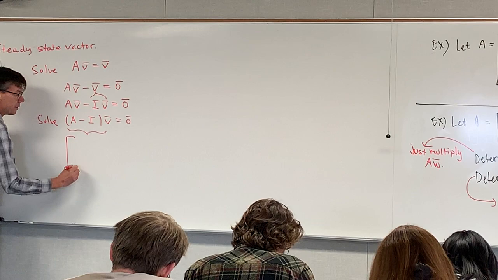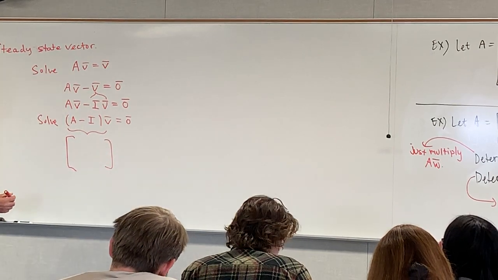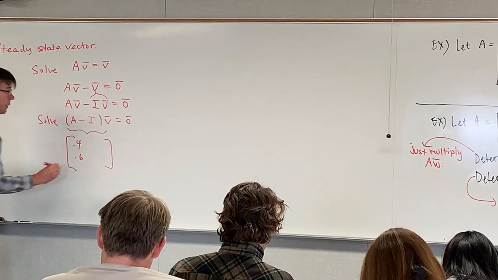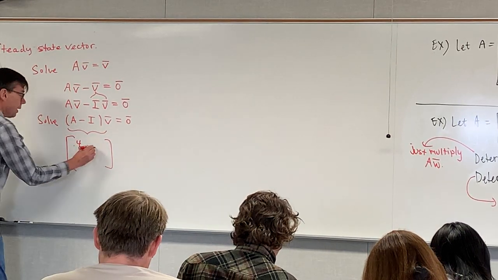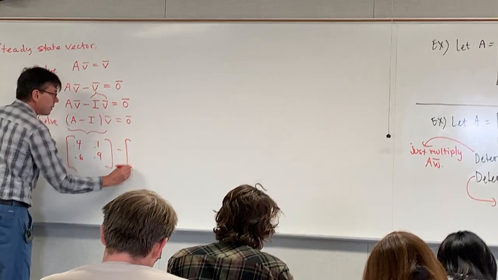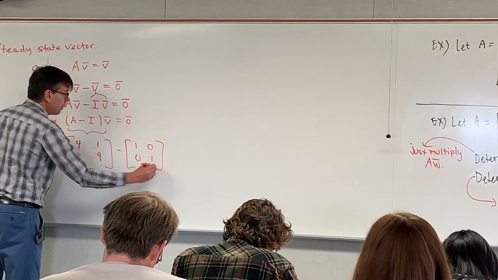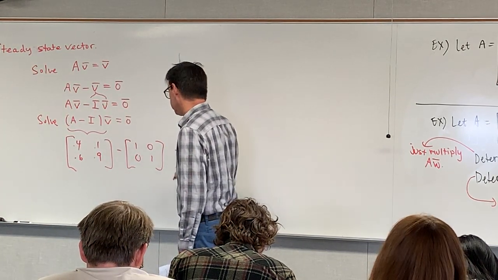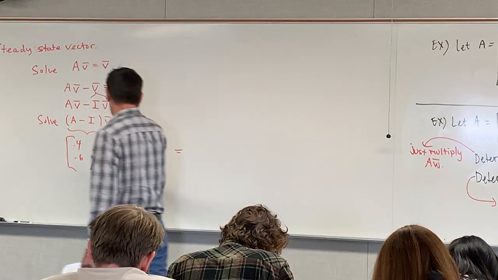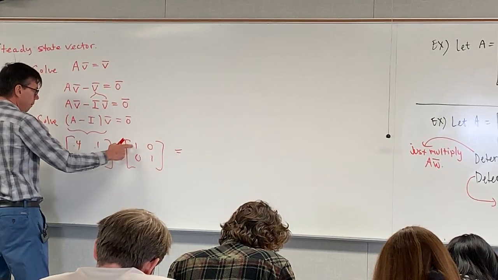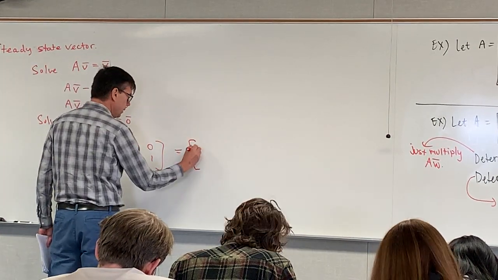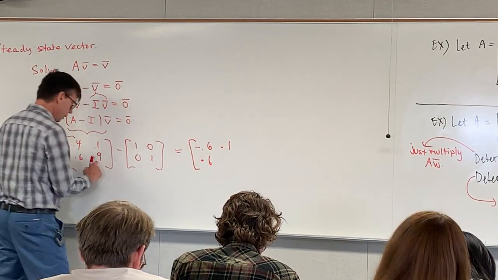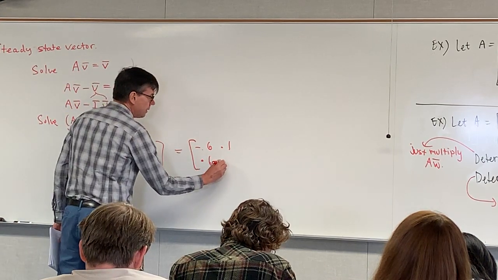The A minus I matrix is, what, 0.4, 0.6, 0.1, 0.9, minus 1, 0, 0, 1. And 0.4 minus 1 is going to be negative 0.6, 0.6, 0.1, and 0.9 minus 1 is negative 0.1.